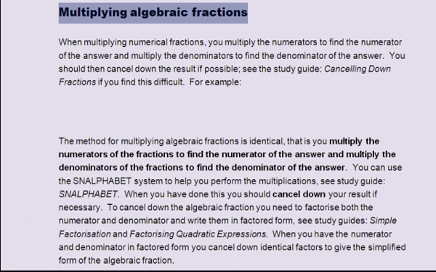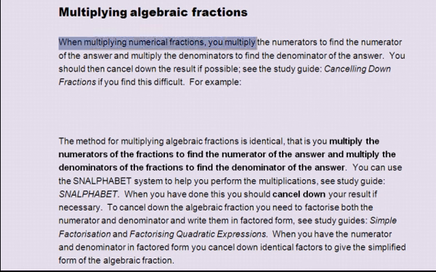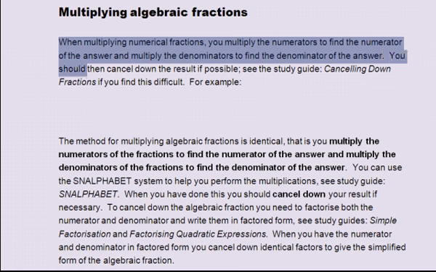Multiplying algebraic fractions. When multiplying numerical fractions, you multiply the numerators to find the numerator of the answer and multiply the denominators to find the denominator of the answer. You should then cancel down the result if possible. See the study guide, Cancelling Down Fractions, if you find this difficult.